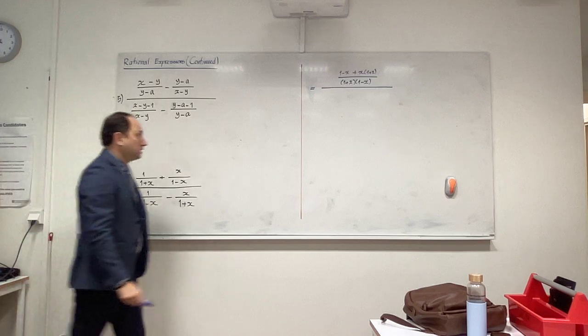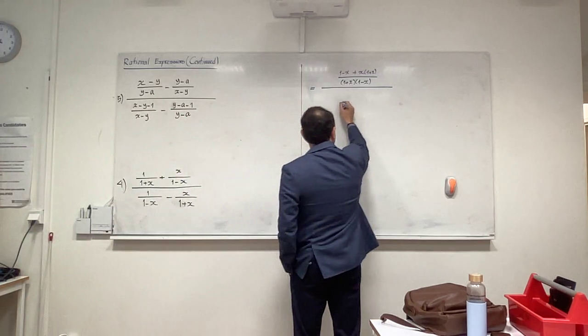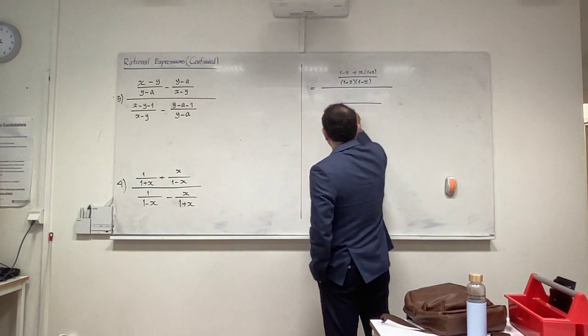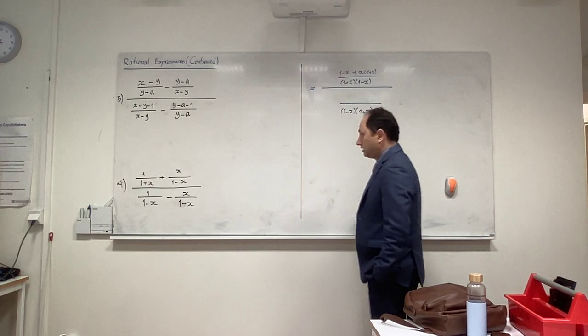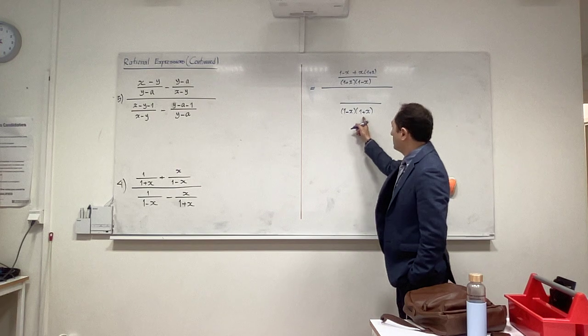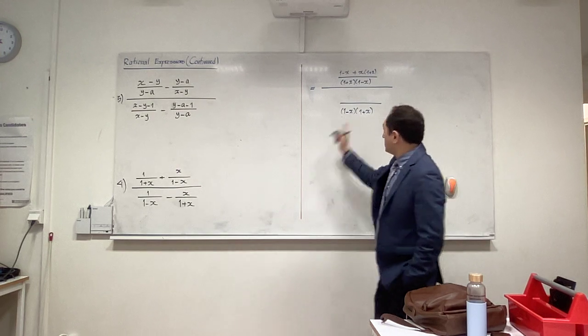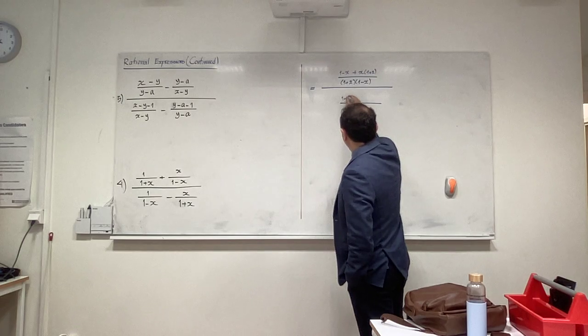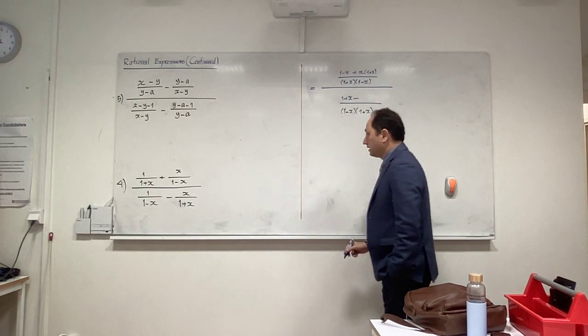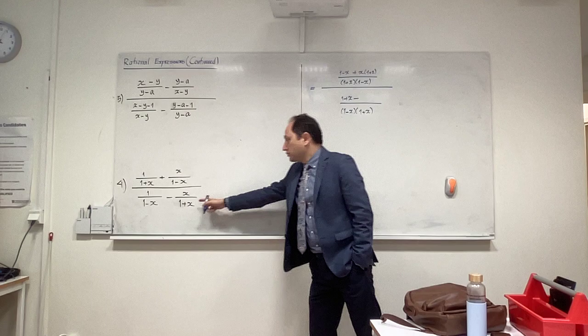Okay, let me just do the denominator as well. So 1 minus x times 1 plus x is again the common denominator. So 1 divided by, so this expression divided by that is 1 plus x. I multiplied in the numerator, and then I have a negative sign. This divided by that is 1 minus x.